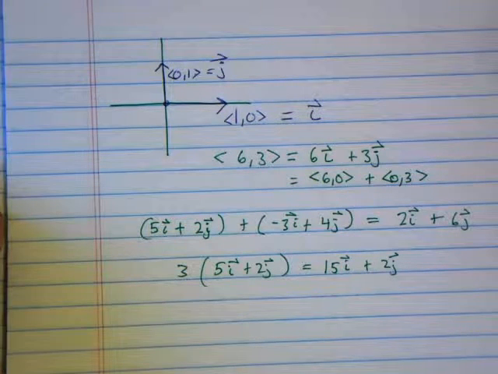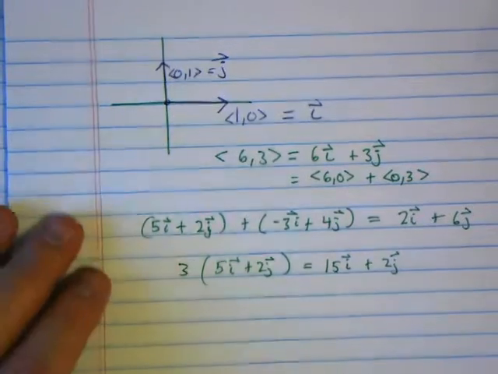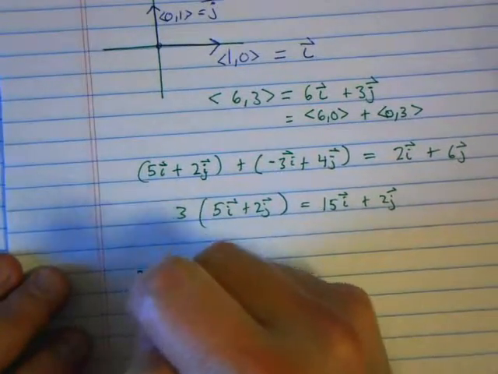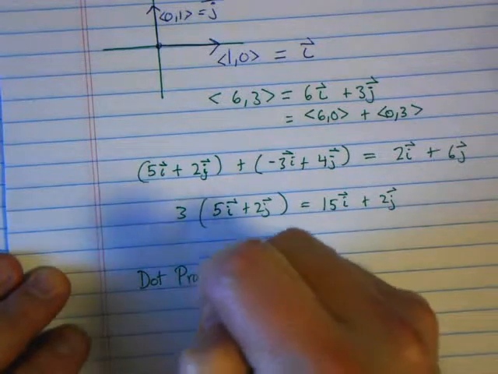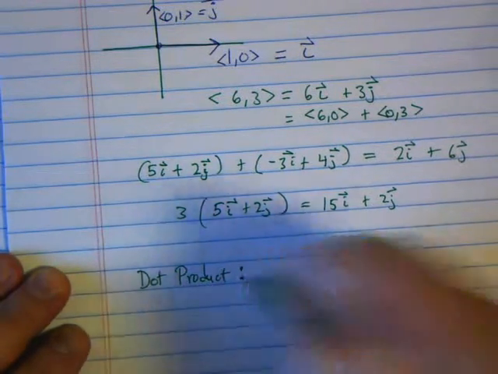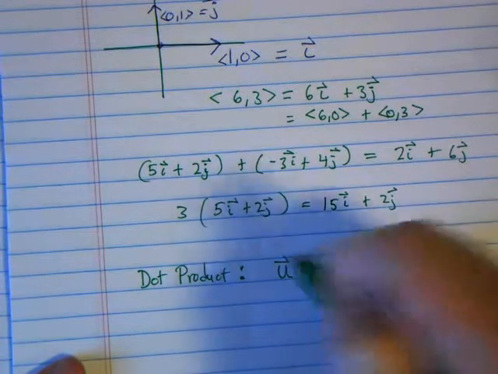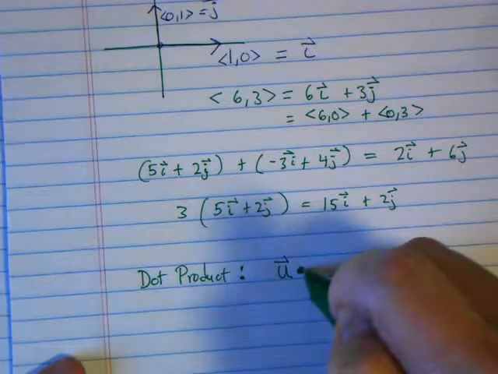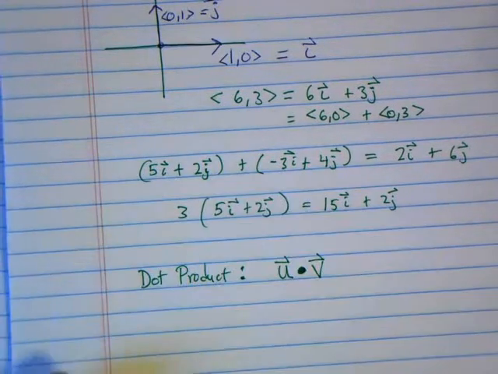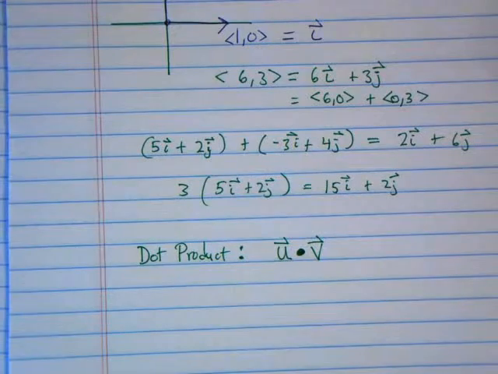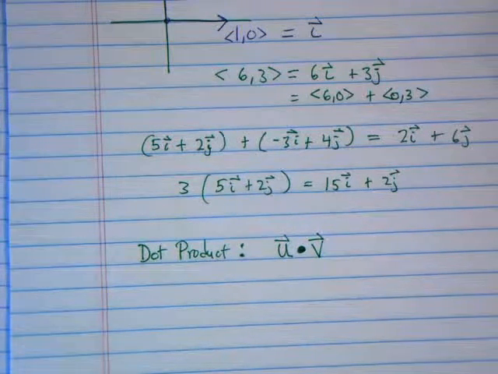Turns out there are two different ways to multiply vectors. There's something called a dot product, and there's something called a cross product. In this section, we talk about the dot product. So if I want to take the vector u and multiply by the vector v, notice I drew a bigger dot than we normally use for multiplication.